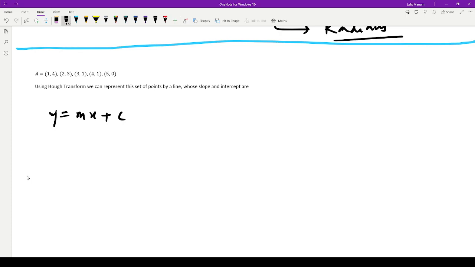We would rearrange the equation as c is equal to minus mx plus y, and then we have x and y already defined. We have the points 1, 4, 2, 3. These are already the points. We are going to have different equations with these different points.